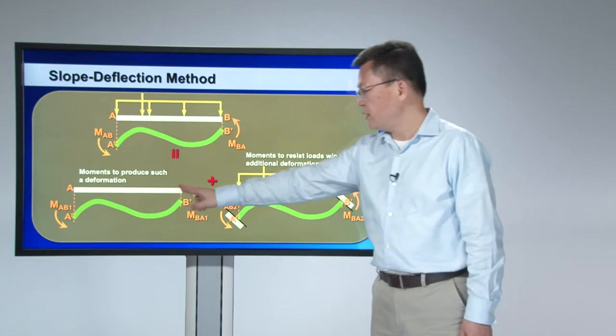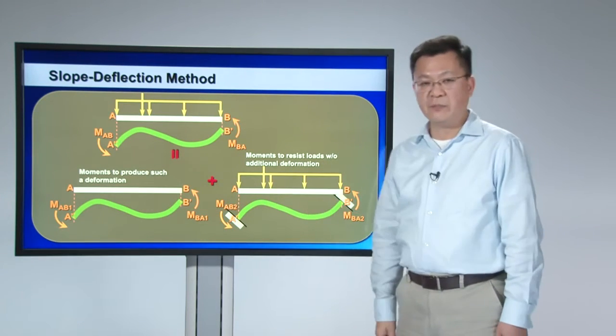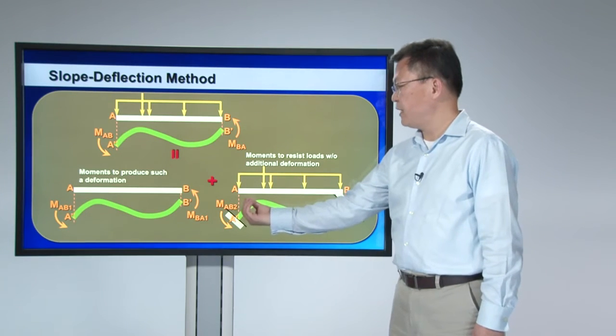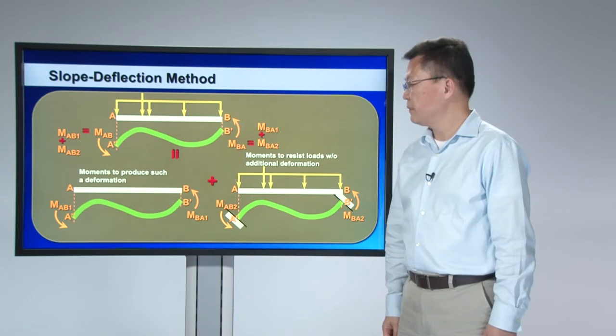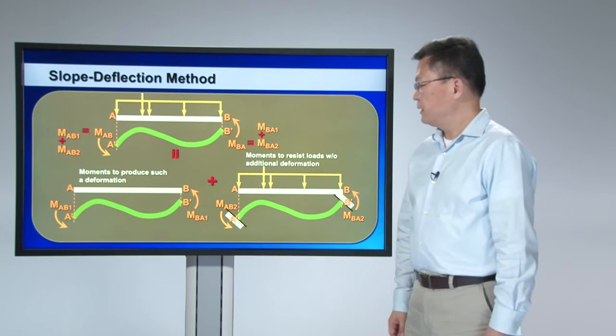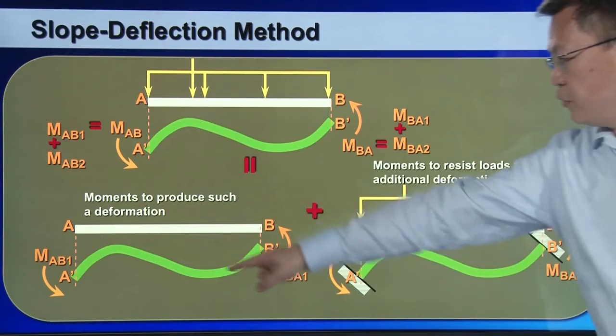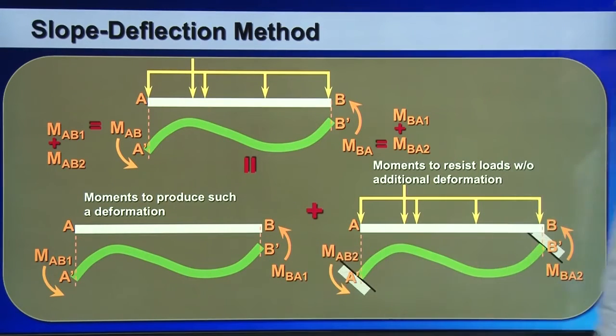If I analyze these two scenarios separately and superimpose them, then I have this original condition. So I'm going to show you one by one how I can achieve the slope deflection method.